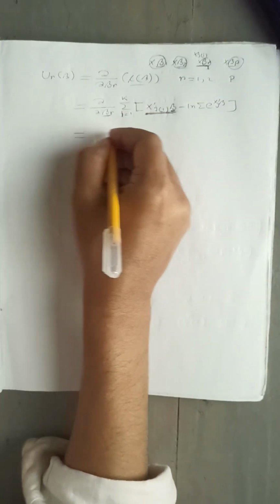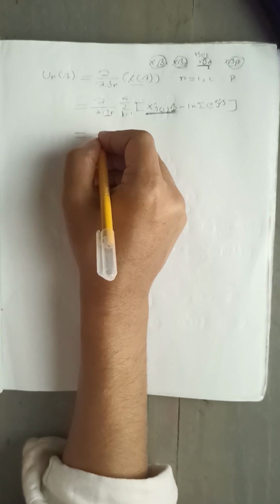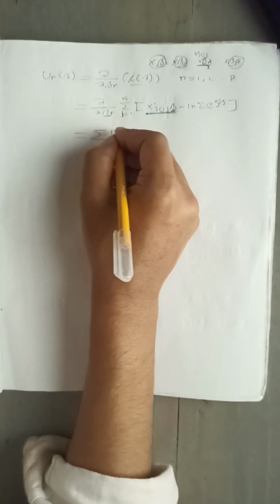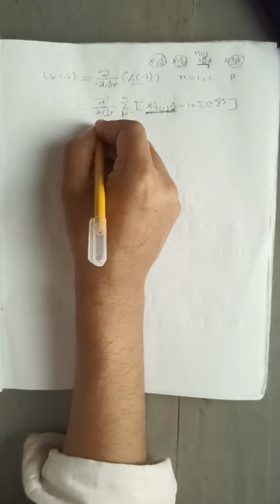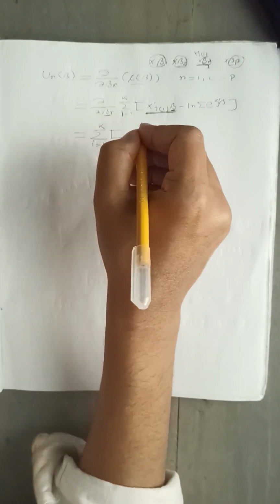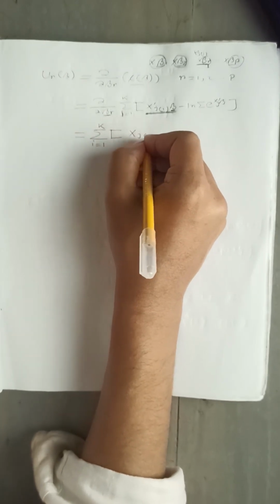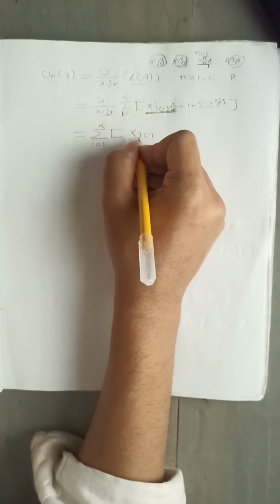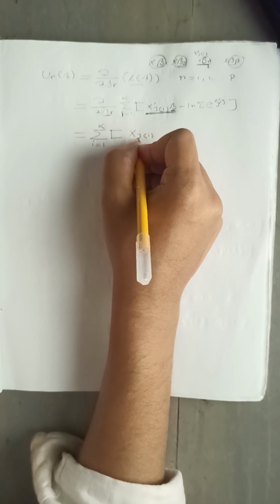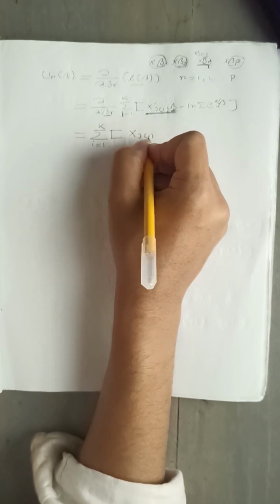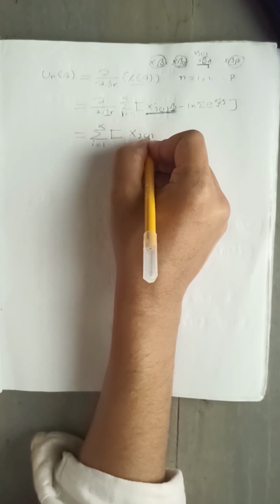So you will have the summation from 1 up to k of x_ji. What was my j? j was my individual, individual j fails at time i.